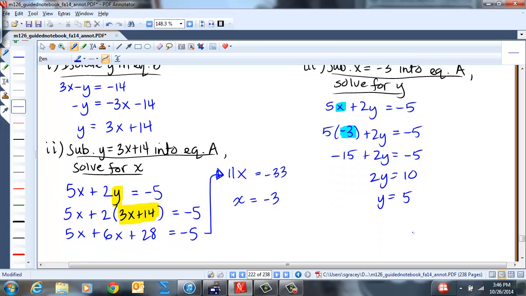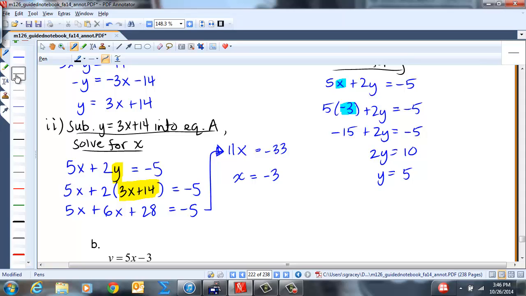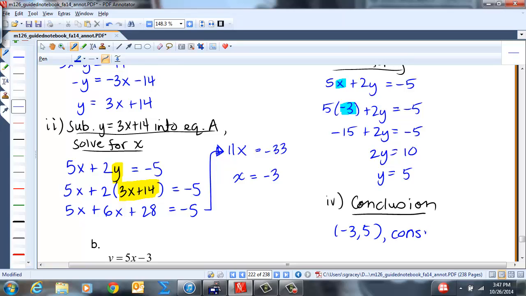So now we'll do our conclusion. What did we find? We found an ordered pair, negative 3, 5. And this system is consistent because we found an ordered pair solution.